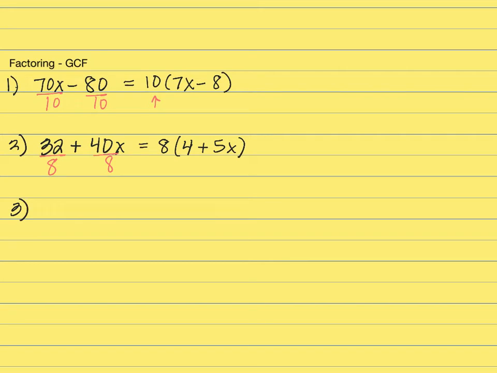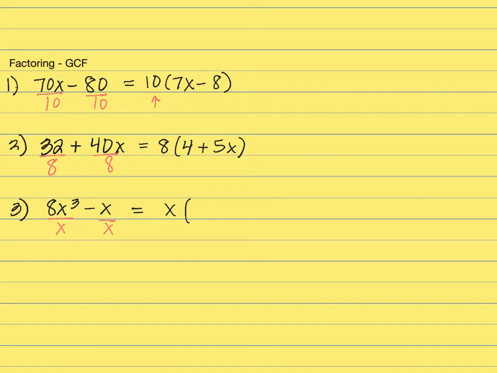So notice on number 3, let's do 8x cubed minus x. Notice how on the first two we had a GCF of just a number, whereas on number 3 we've got a GCF of just a variable. So what do they have in common? They both have an x in common. So we are going to divide by the x that they have in common, but we've got to keep it, it stays in the front there.